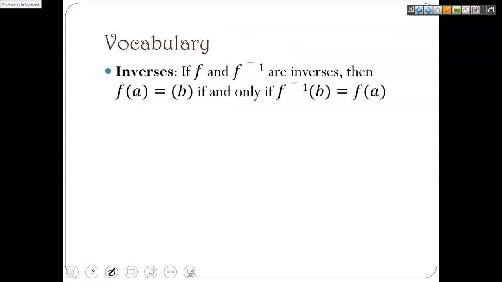So if f and f inverse are inverses, then it is fair to say if f of a equals b, that is kind of like saying that f inverse of b will equal a.